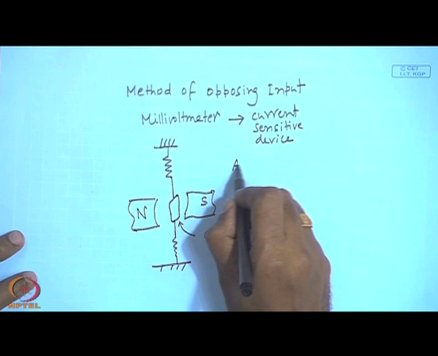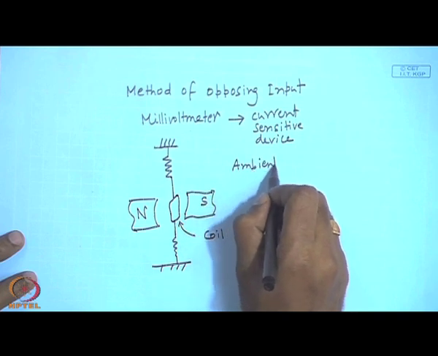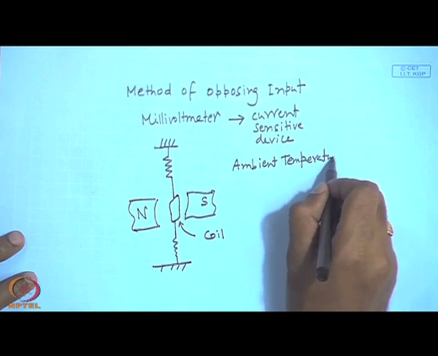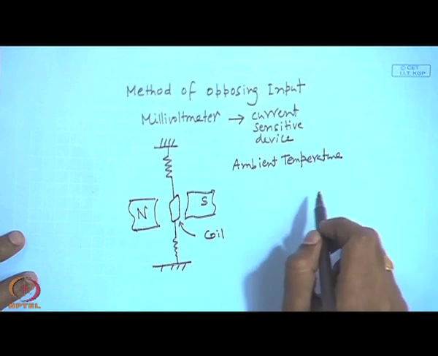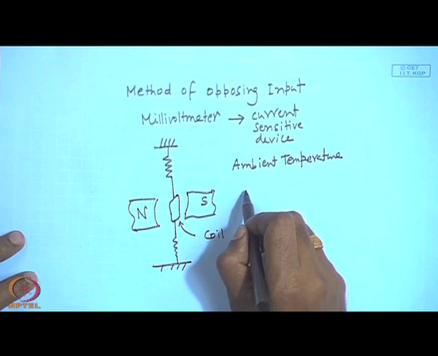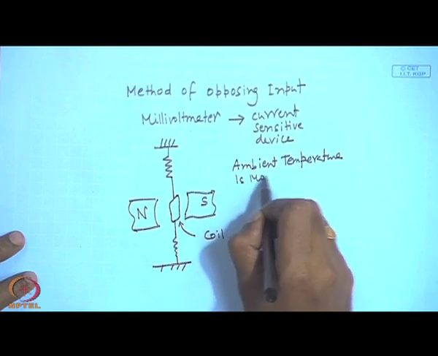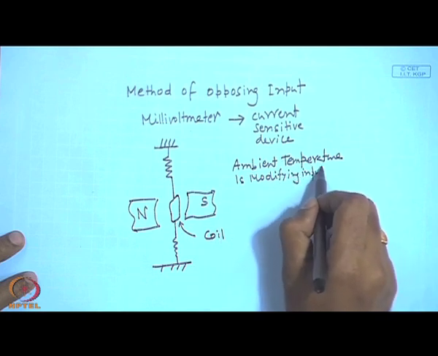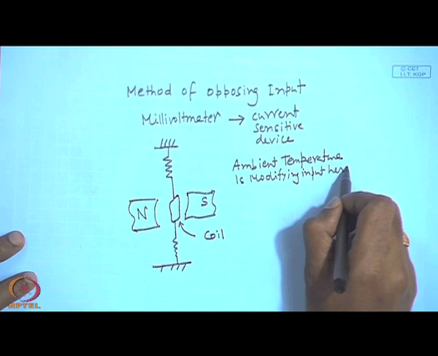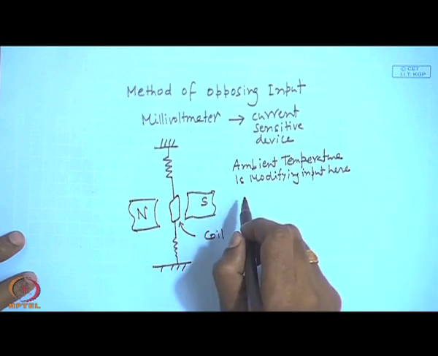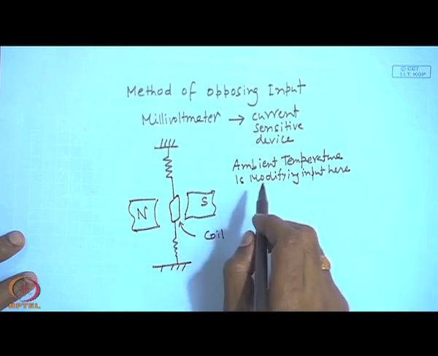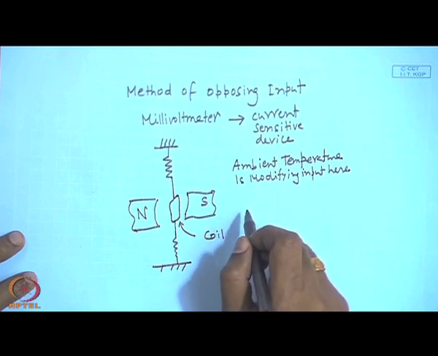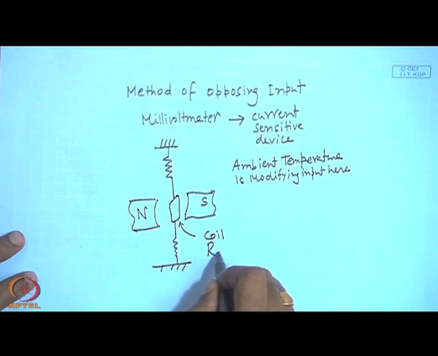Ambient temperature works as modifying input here. Because the ambient temperature can cause a change in the coil resistance.